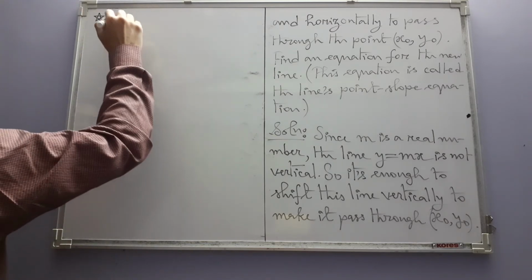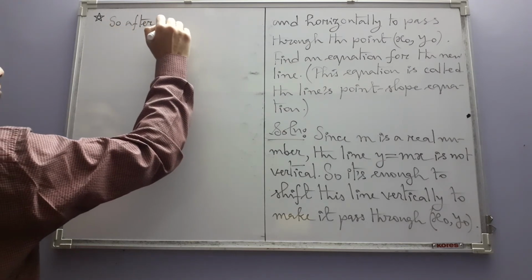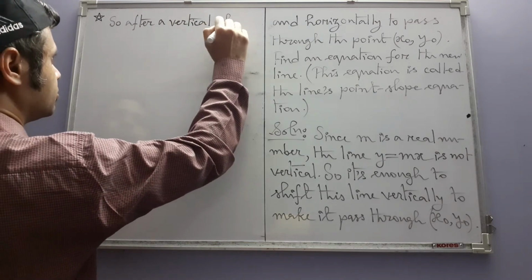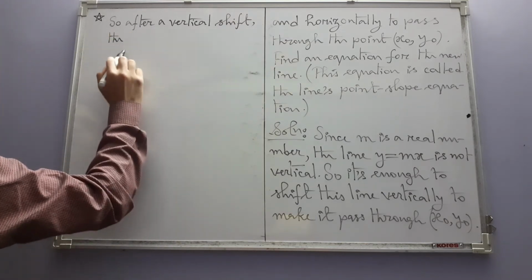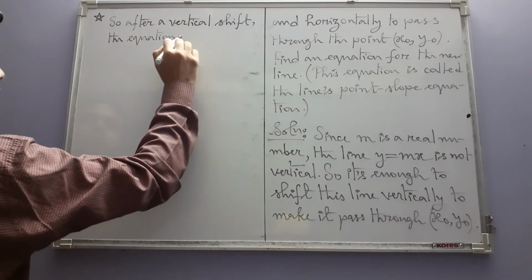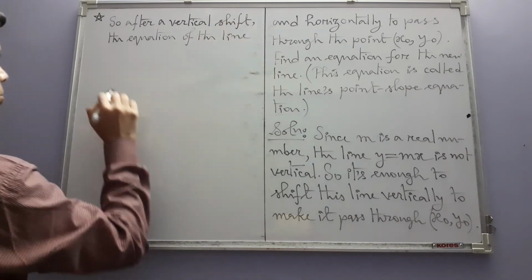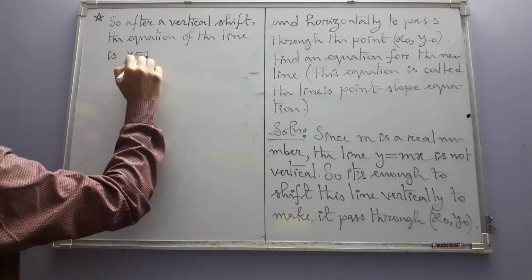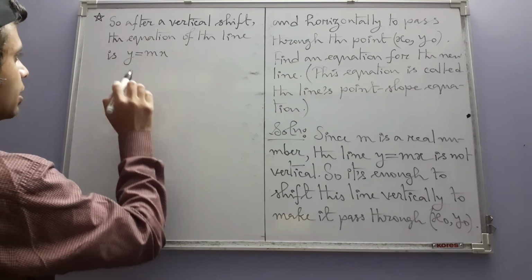So after a vertical shift, the equation of the line is y equal to mx. This is the y value, this is the y value, this is also the y value.